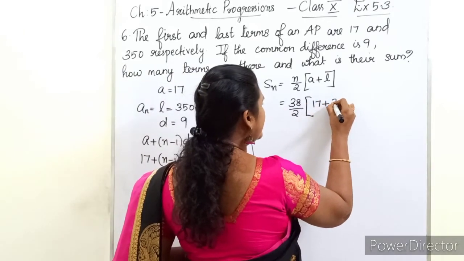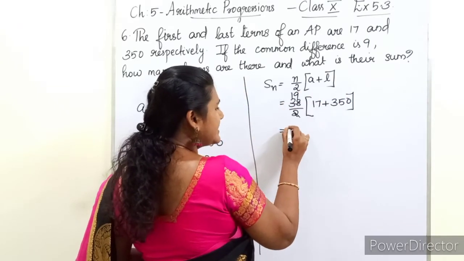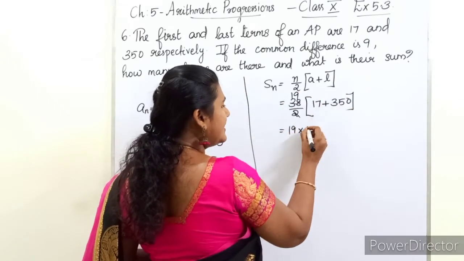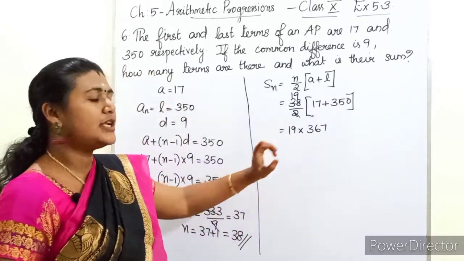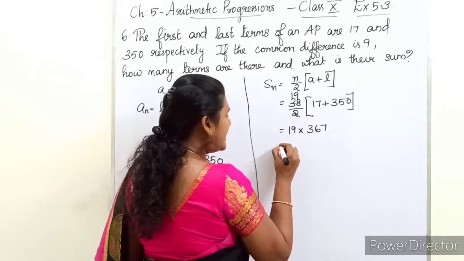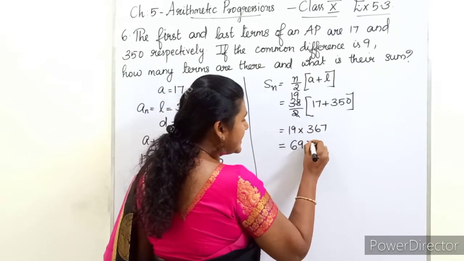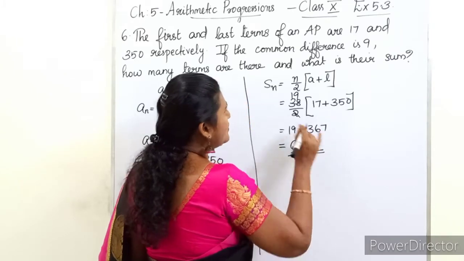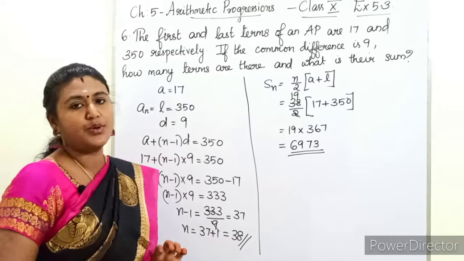So 17 plus 350. Here we can cancel. So you will get 19 into, when you add these two, you will get 367. So 19 into 367. When you multiply, you will get the answer as 609.73. So the sum is 609.73 and the n value is equal to 38.